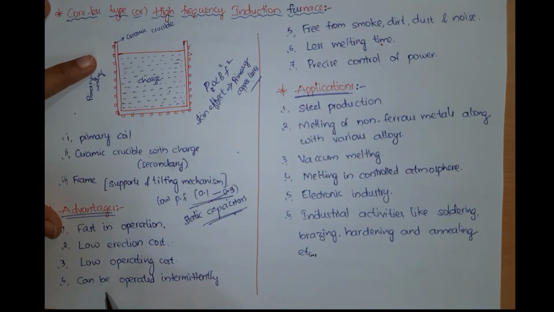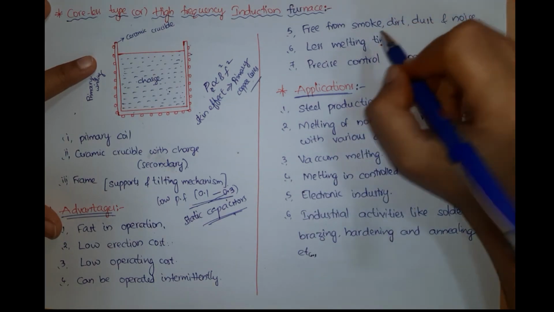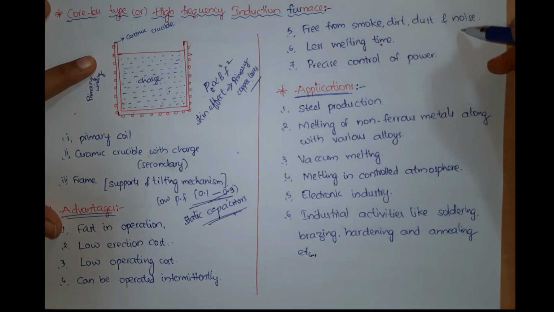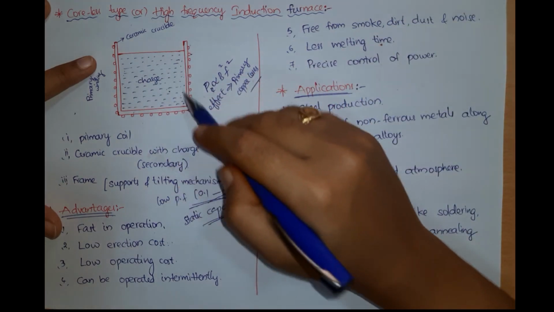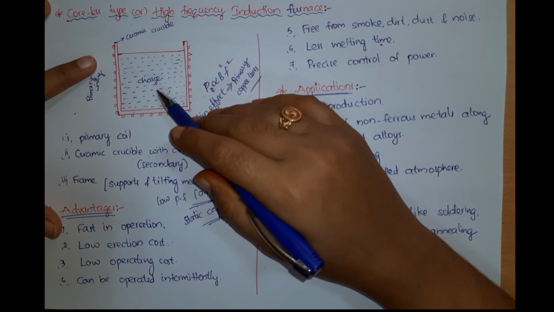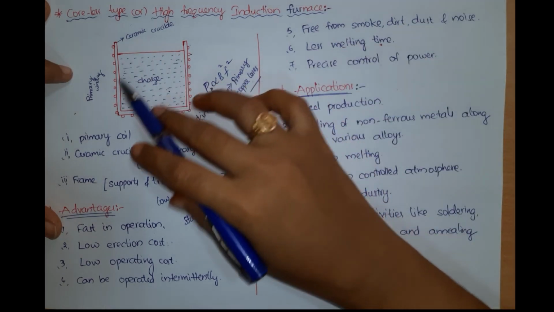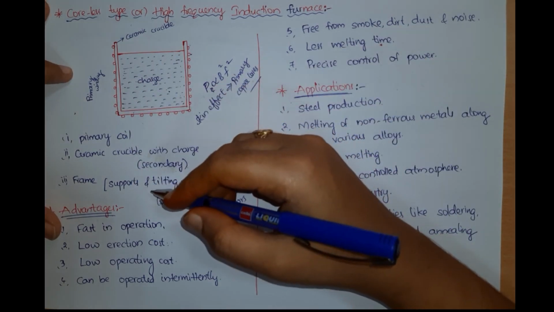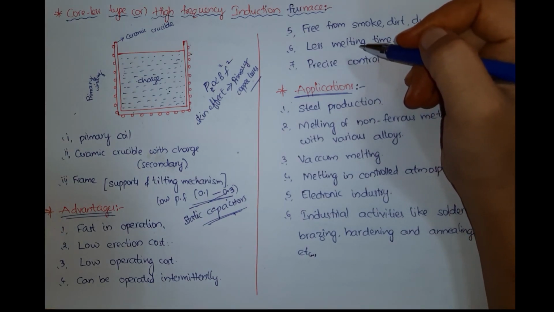So it is suitable for intermittent operations. This type of furnace is also free from smoke, dirt, dust and noise. The melting time of a particular metal is very low, and we can have precise control over the power supplied to the furnace. These are the advantages of the coreless type induction furnace.